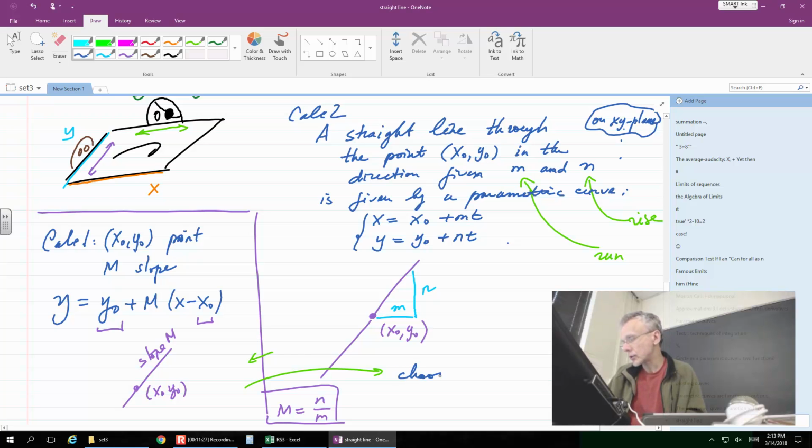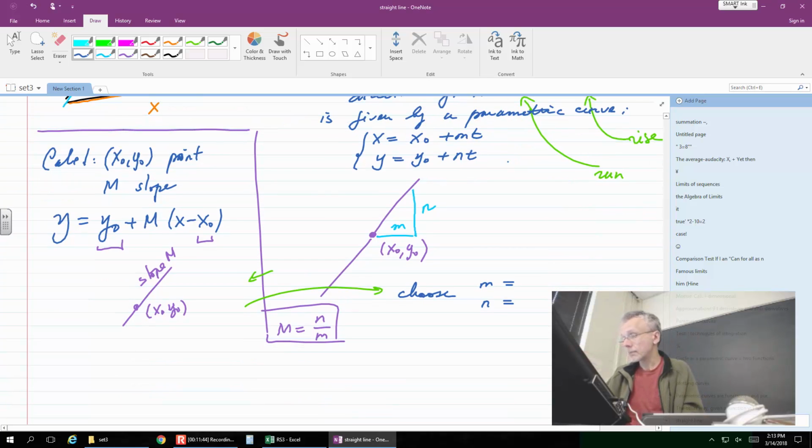Capital M is given. Well, capital M is supposed to be equal to n over m. So you could choose any pair m and n as long as their ratio is capital M. Give me an example.